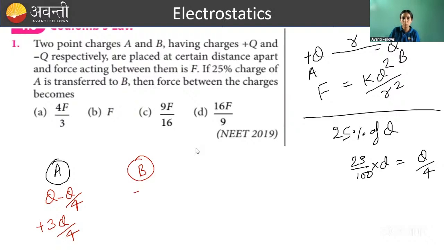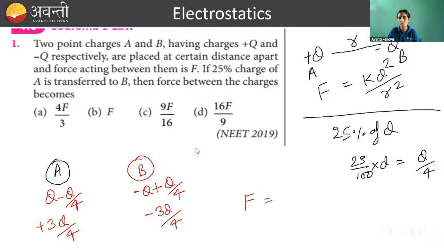B was having originally charge minus Q, and from A it is receiving some more extra charge. How much? Q by 4. So its value is minus 4Q plus Q, so minus 3Q divided by 4. So one is having plus 3Q by 4, another is having minus 3Q by 4.